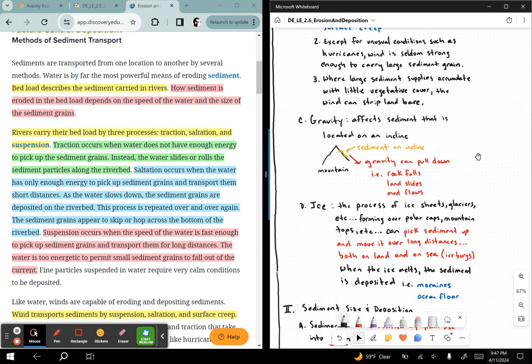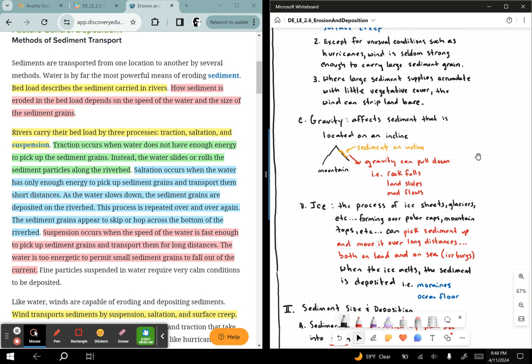Well, that brings us to our last agent of erosion that we're going to talk about, which is ice. Okay, you might think about the North and South poles. We have glaciers that are on the land. We have ice sheets that cover the ocean. In both of those cases, and especially when we've had ice ages, these ice sheets and glaciers can grow quite large, covering large swaths, large regions of land and ocean.